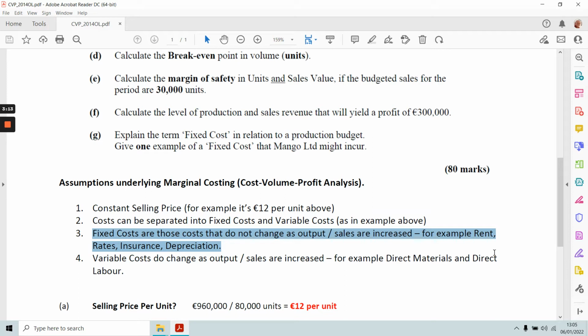So, for example, your rent, your rates, insurance and depreciation, they would be examples of costs that if you were to sell nothing that week, you'd still have to pay your rent and your rates and your insurance and your depreciation. They wouldn't change. They might be, for example, €1,000 a week or €1,000 a month, whether you were very busy and sold lots or whether you were very slack and sold very little. So a fixed cost would be a cost that doesn't change as you increase your output, doesn't reduce as you reduce your output or sales.